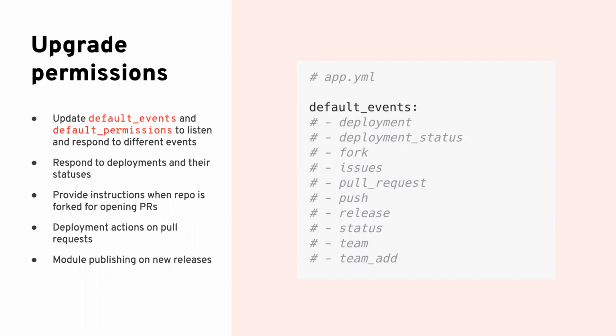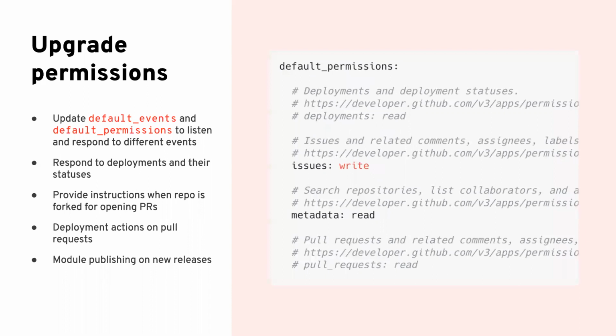You can respond to deployment statuses, when somebody forks the repository deliver some instructions for how they can contribute to the primary project, and retrieve security vulnerability alerts, and a lot more endpoints that are described in that file and in the GitHub API documentation, just by modifying this app YAML file here in the default events attribute and a matching one in default permissions.